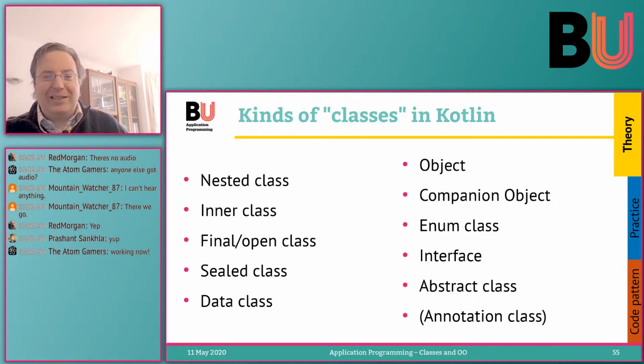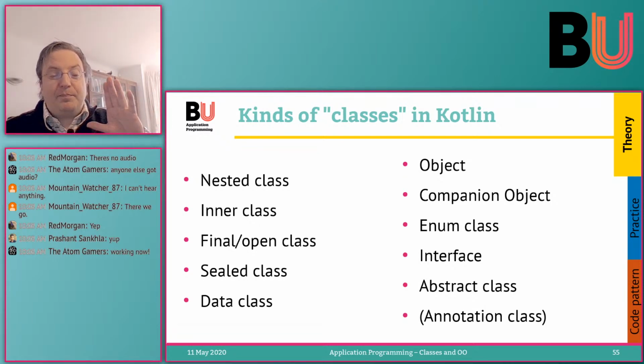If it's final, it cannot be broken that way unless you go hack into the JVM and override that final property. And yes, that is possible. There's a com.sun unsafe class that gives you all kinds of powerful capabilities to do that kind of stuff. Of course, security managers can forbid you to do that as well. And final does it. So open basically means you are allowed to inherit this.